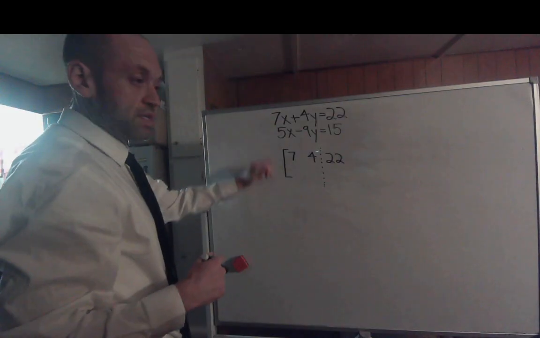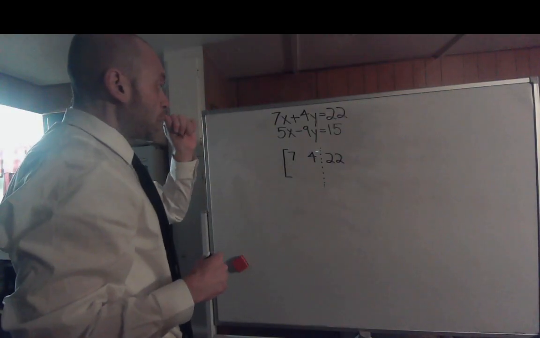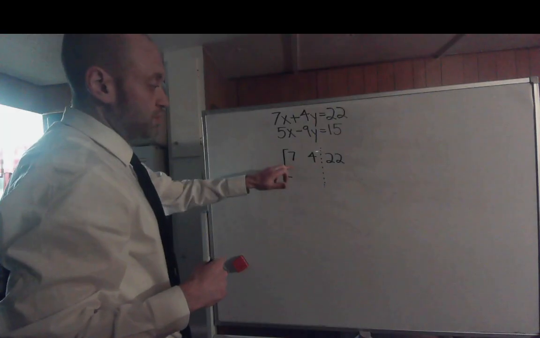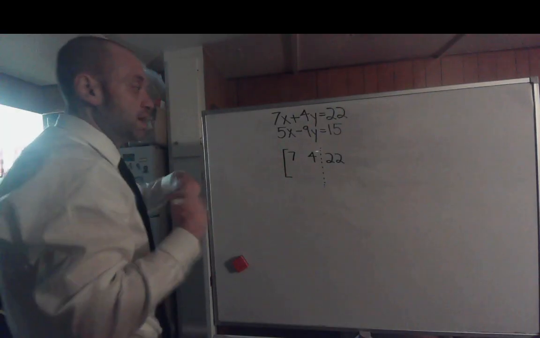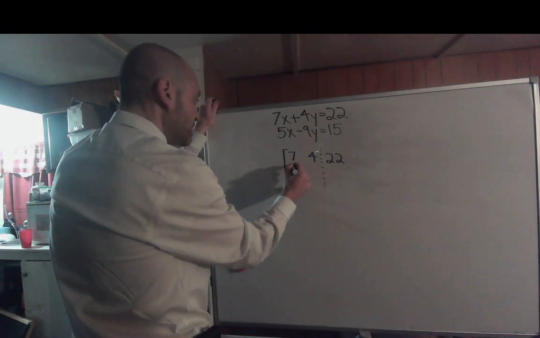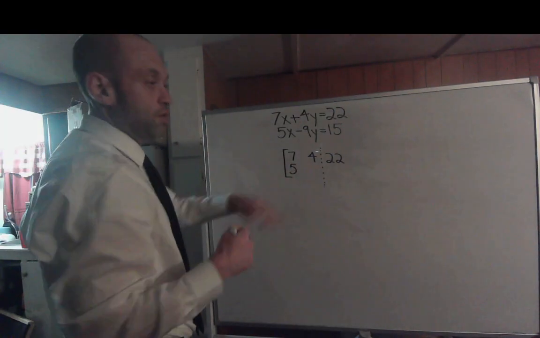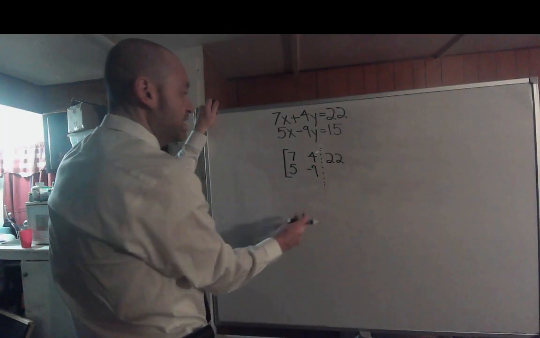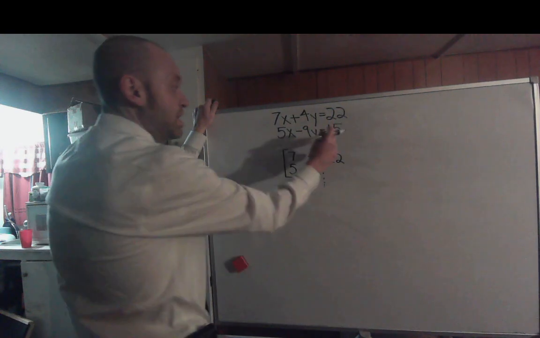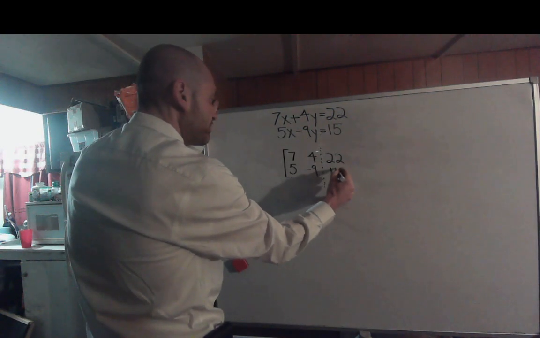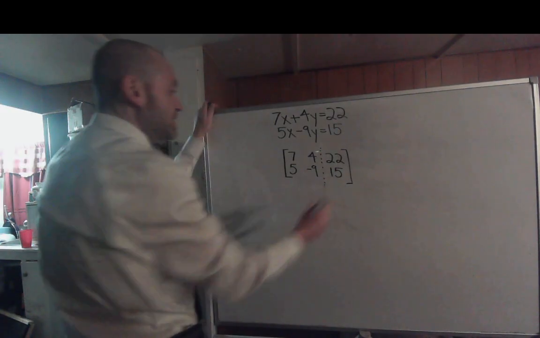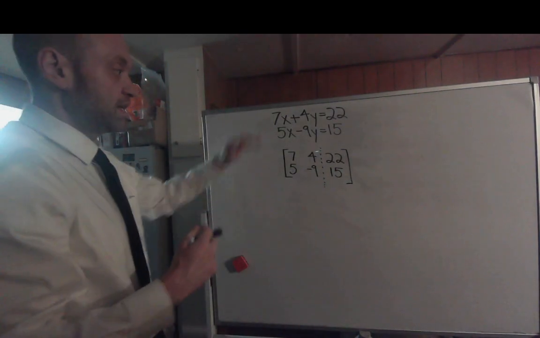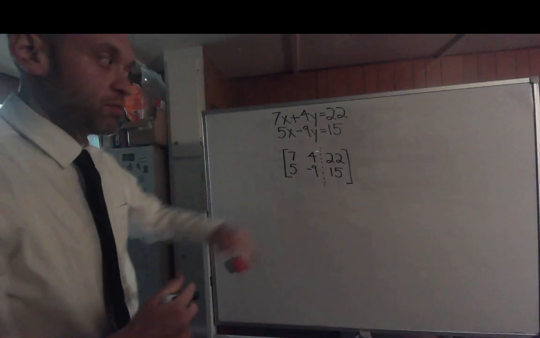Alright, time to go on to the second row. So the first number in the second row is the coefficient on your x. That'll be a 5. The second number in the second row is the coefficient on the y in the second equation. That'd be negative 9. And then to the right of that augmentation line would be that 15. So that is how you would represent this particular system in matrix form.